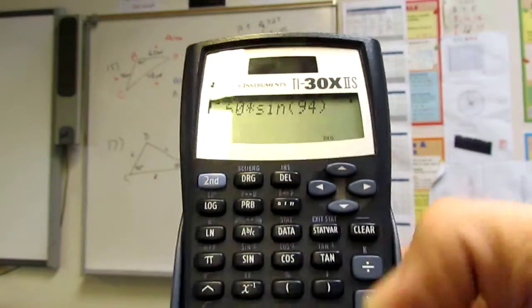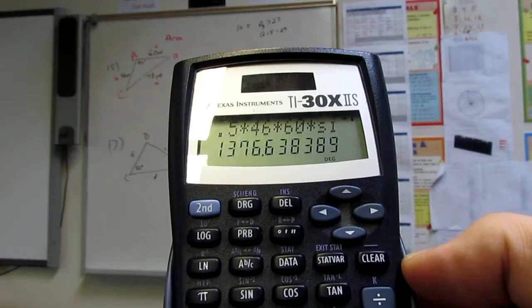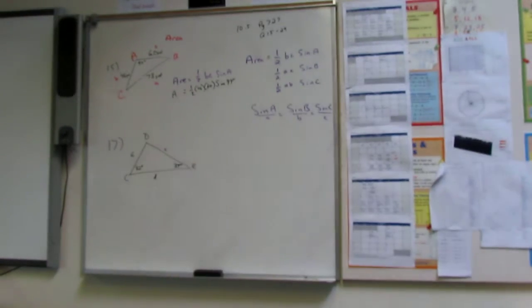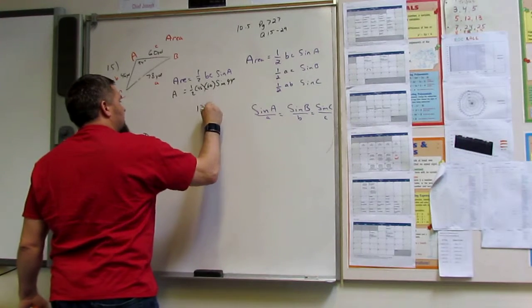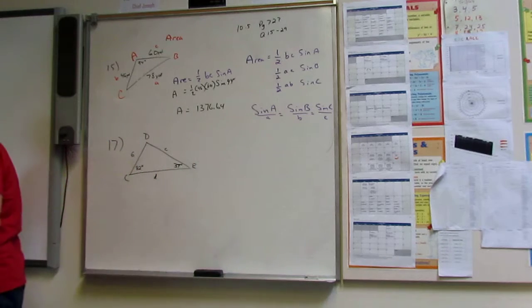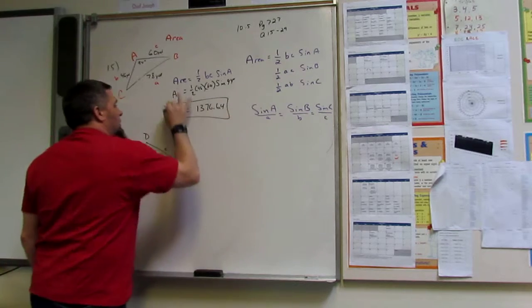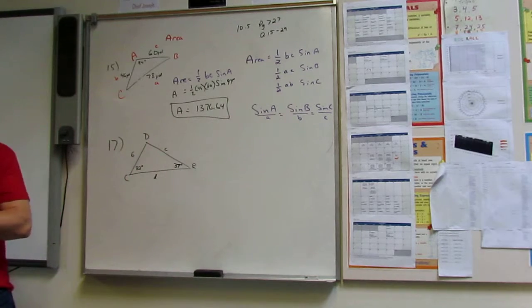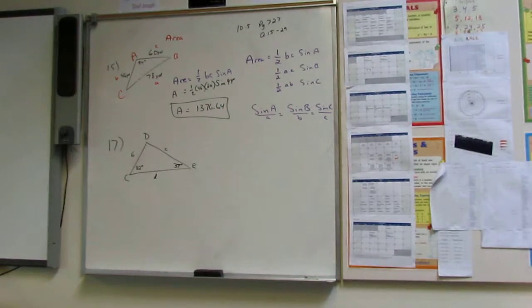It equals 1376.64. Double check. 1376.6. Boom. So you need to be able to get that answer. If you're not getting that answer, double check and make sure that it's in degrees. Okay. I got it.